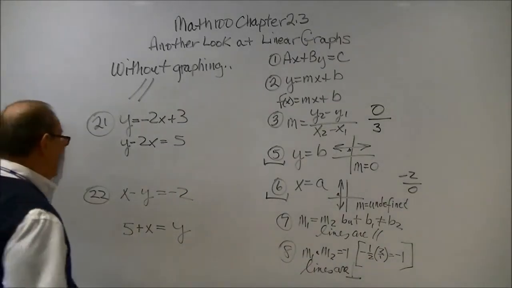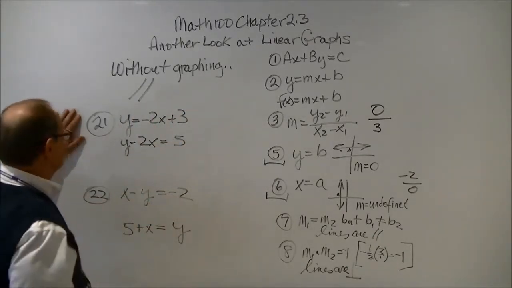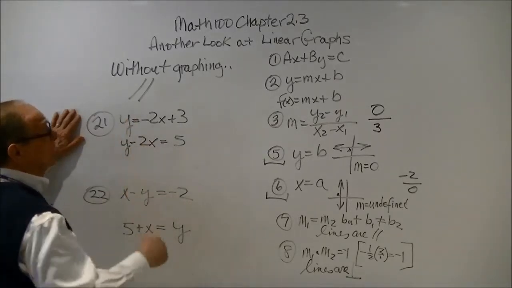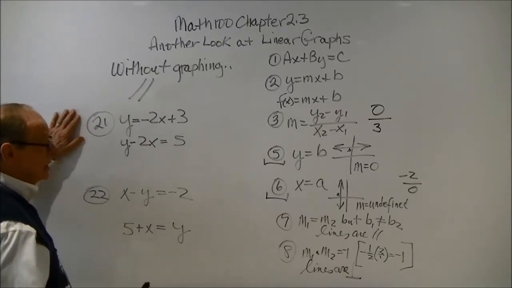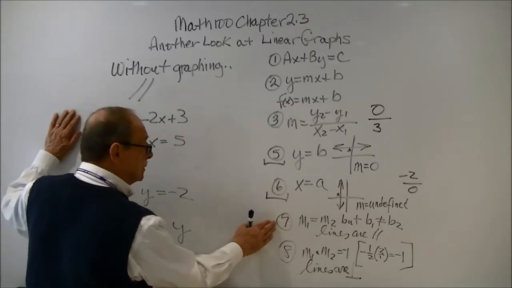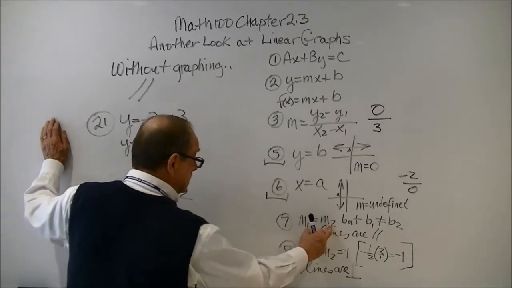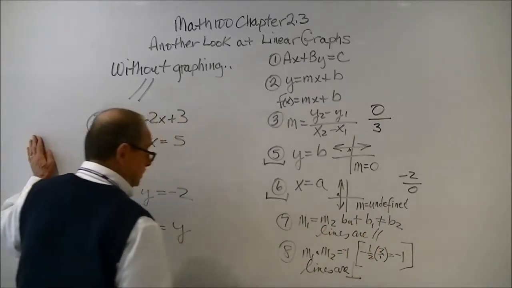In this next part, they want us to look at, without graphing these equations, to determine if these are parallel or not. And our technique is we have to look at what the slopes of the lines are. If the slopes are the same, but the y-intercepts are different, they're going to be parallel.